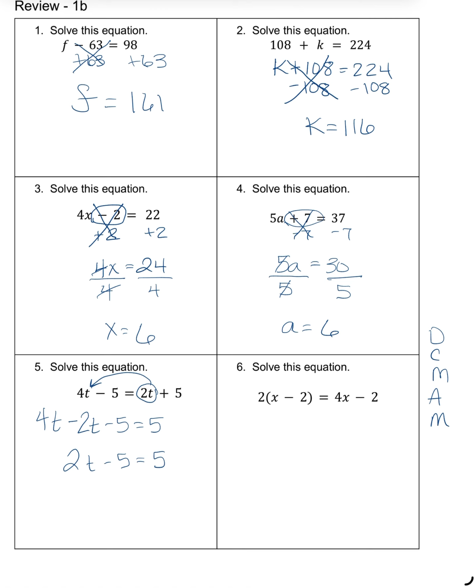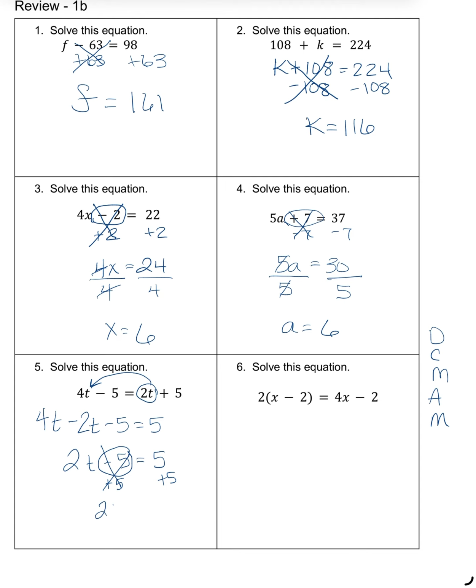Now we're at a two-step equation. We've got t being multiplied by 2 and then subtracting 5. So in a two-step equation, remember, we're looking for the constant. That's the first thing we want to cancel out. So we cancel out that minus 5 with a plus 5. And then we do a plus 5 over here.